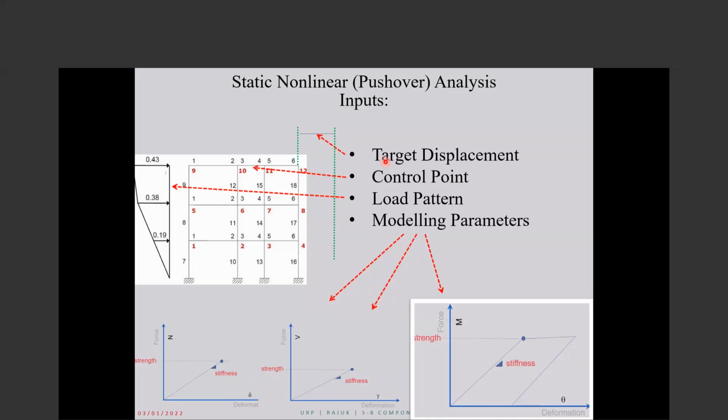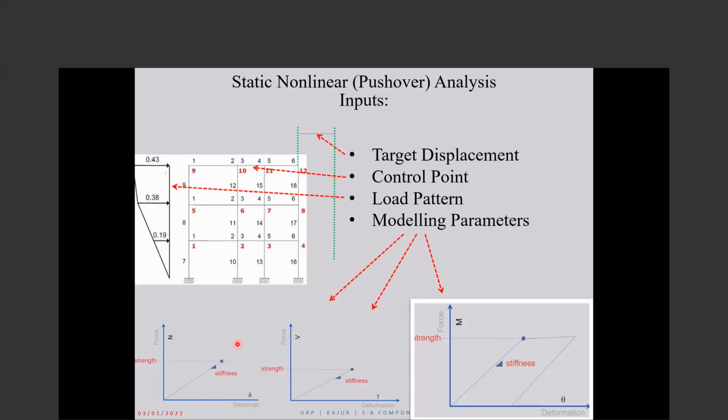force control actions passes the strength limit, which is at the bottom. These two are the force control actions, for example, axial load and shear. So as we push, if the axial load increases and passes this point on the vertical axis, which is the strength, and when we calculate the strength we use the lower bound values for the material, so it's the lower bound strength.